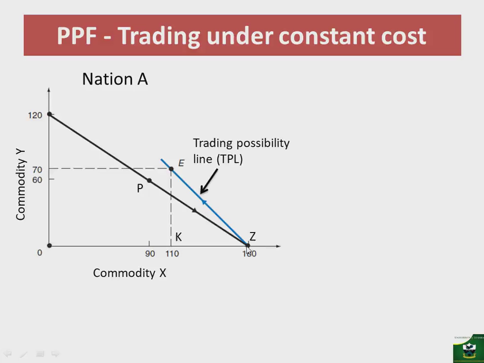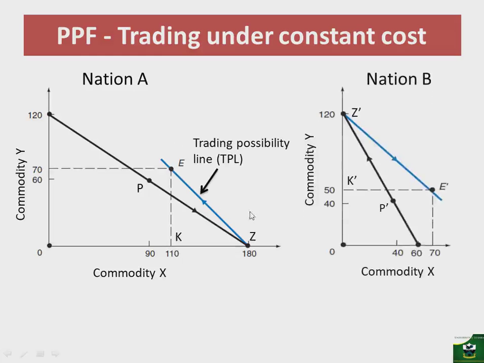So clearly from point Z to point E, we see that nation A has exported 70 units of X and imported 70 units of Y to consume at point E. Similarly, for nation B, the trading possibility line is the line joining Z prime and E prime.